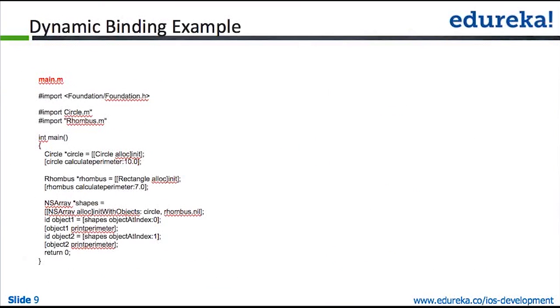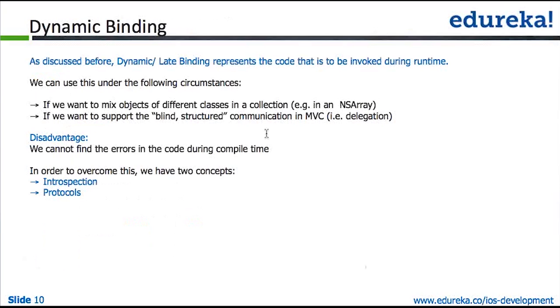Right. So now we see other examples where we would use this. Like in a collection like an array, there's no idea of the objects which are there. They can be mixed. So dynamic binding helps us in such situations, as we saw.